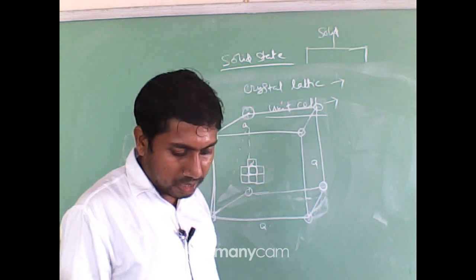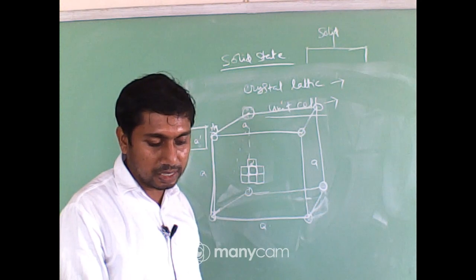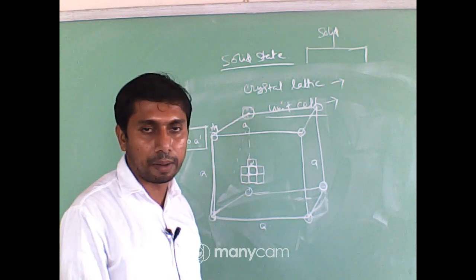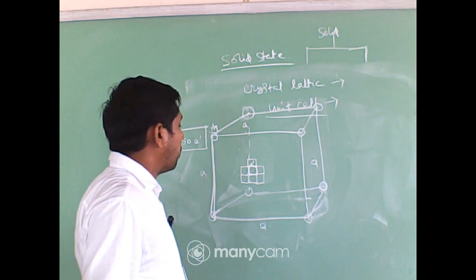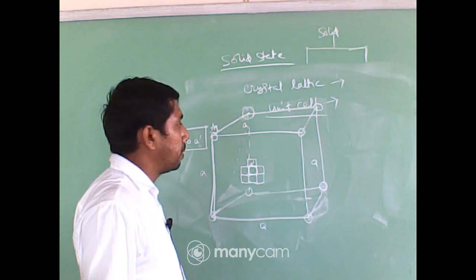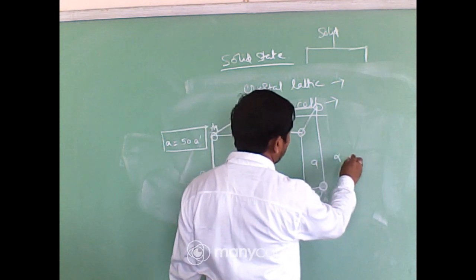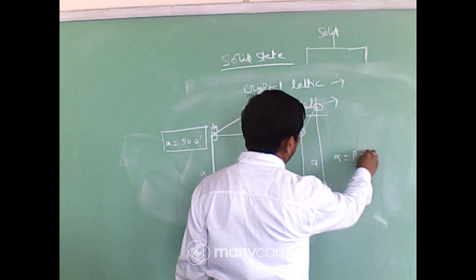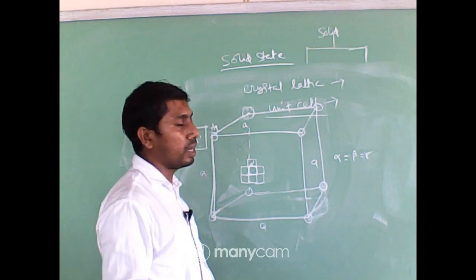Its dimensions are along the 3 edges A, B and C. These edges may or may not be mutually perpendicular. Here we have shown it perpendicular, but sometimes it need not be perpendicular. When it is perpendicular, the angles between the 3 axes x, y and z are alpha equal to beta equal to gamma equal to 90 degrees.